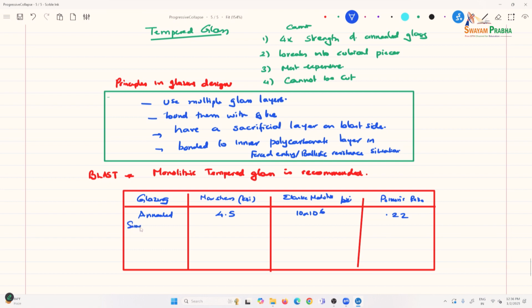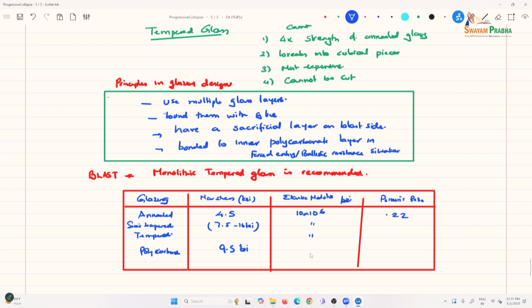If you have semi tempered or tempered, it is in the range of 7.5 to 16 KSI, and polycarbonates is about 9.5 KSI.